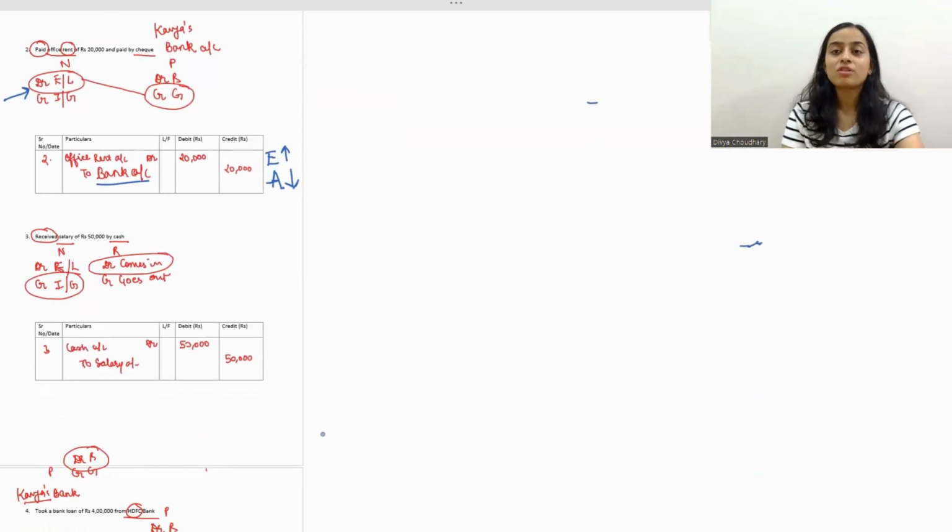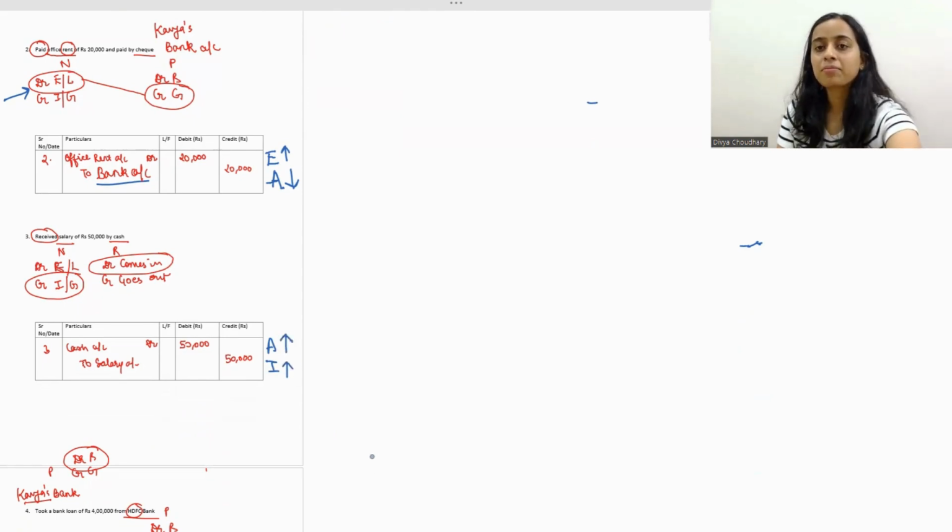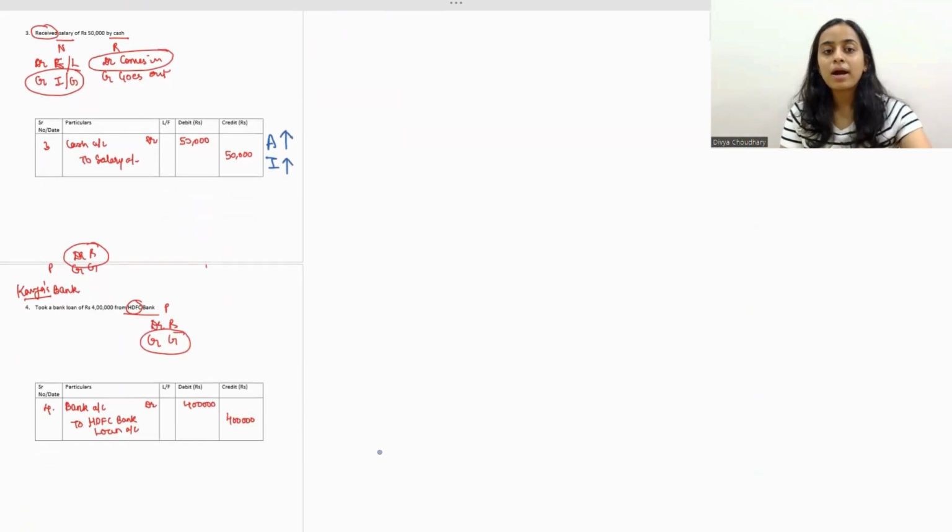Next one, cash account to salary account. Cash मेरा ही कैश है, तो कैश एसेट हुआ. सैलरी मेरी इनकम है. यहाँ पे कैश बढ़ रहा है तो एसेट बढ़ रहा है, इनकम भी मेरी बढ़ रही है. And the last one, bank account to HDFC Bank loan account.